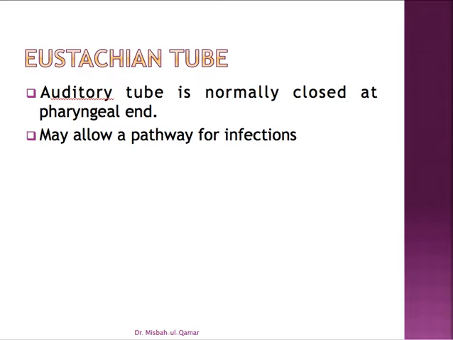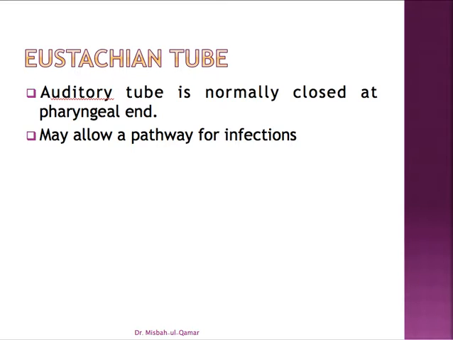Since it opens in the nasopharynx, it may allow a pathway for infections also, especially in small children, because in children this tube is more horizontal. So when they lie down and they are feeding, the infection may travel from the throat to the ear.